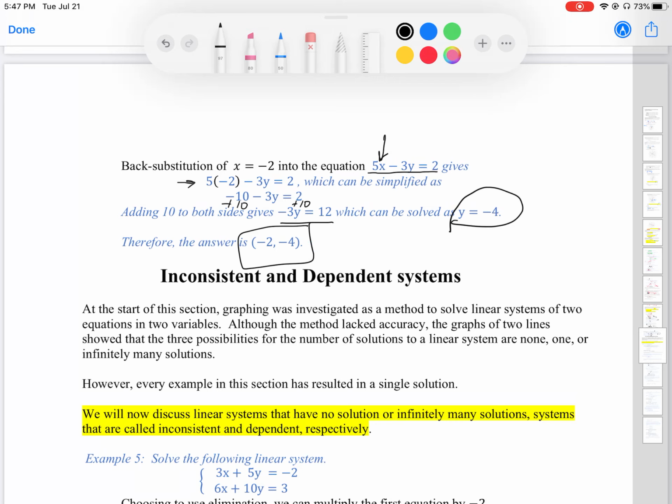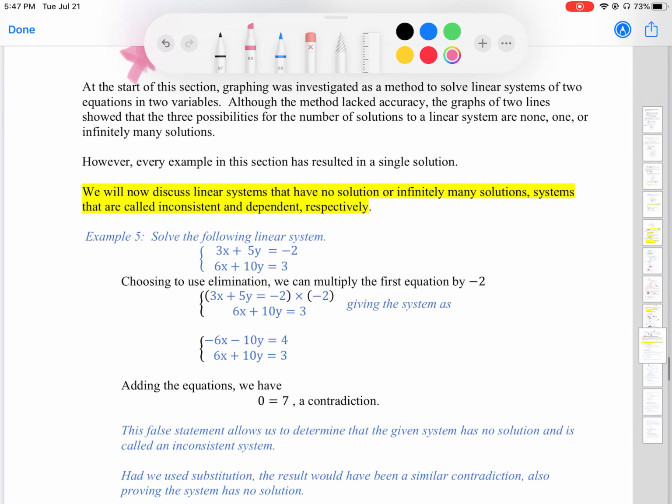All right, let's talk about some special cases. Inconsistent and dependent systems. At the start of this section, graphing was investigated as a method to solve linear systems of two equations in two variables. Although the method lacked accuracy, the graphs of two lines showed that three possibilities for the number of solutions to a linear system are none, one, or infinitely many.